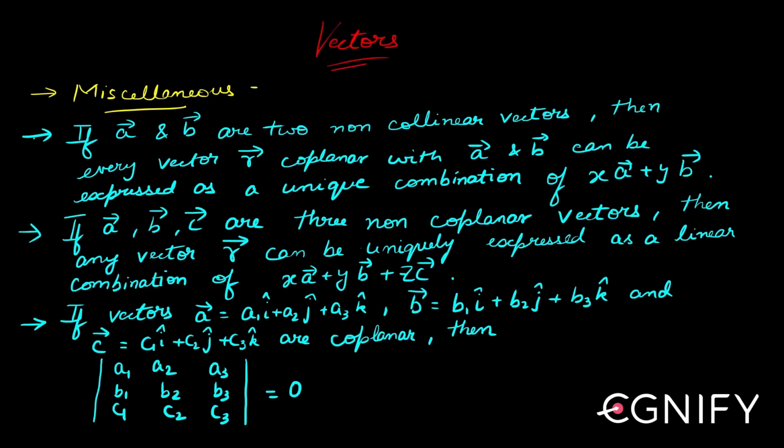So the third point as of now might seem very confusing as to how this representation is valid. I'll explain this point, but I would like you to know that as far as the proof of this point is concerned, we will look at it in detail when we study further topics in vectors, especially the scalar triple product.